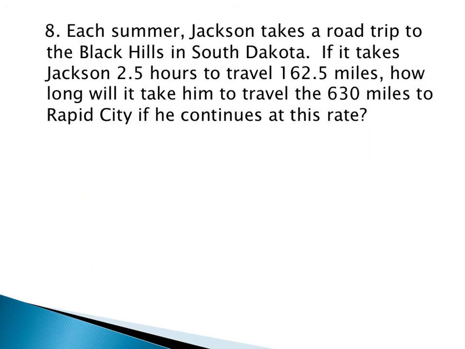Last one. Each summer, Jackson takes a road trip to the Black Hills in South Dakota. If it takes Jackson 2.5 hours to travel 162.5 miles, how long will it take him to travel the 630 miles to Rapid City if he continues at this rate? Well, we set up a proportion. For 2.5 hours, he can go 162.5 miles.